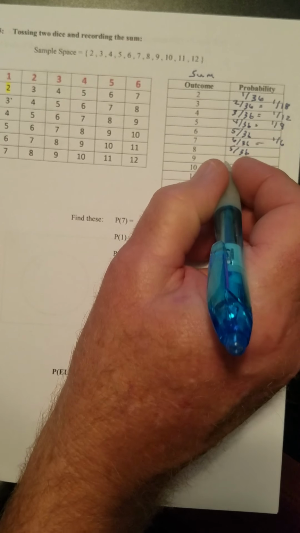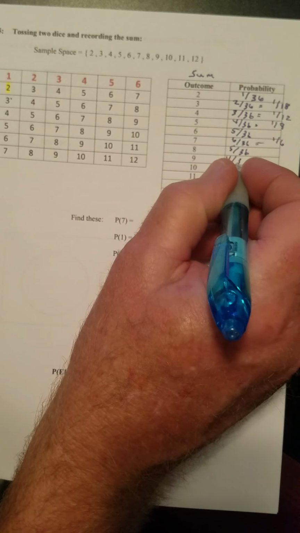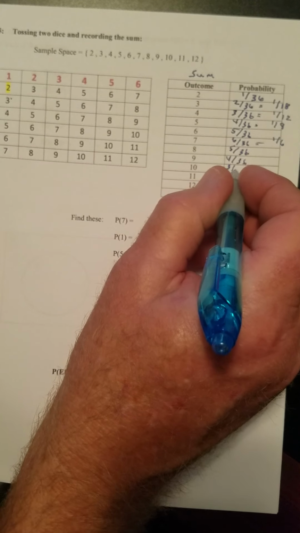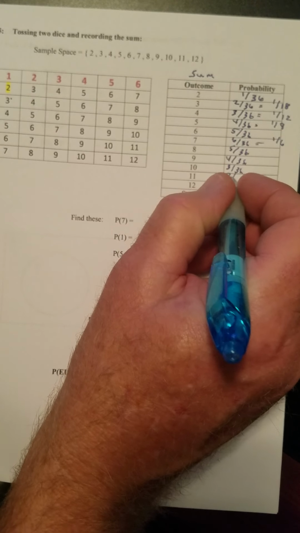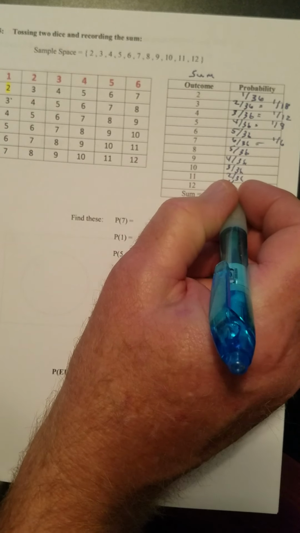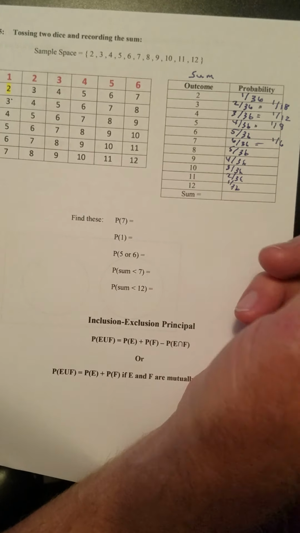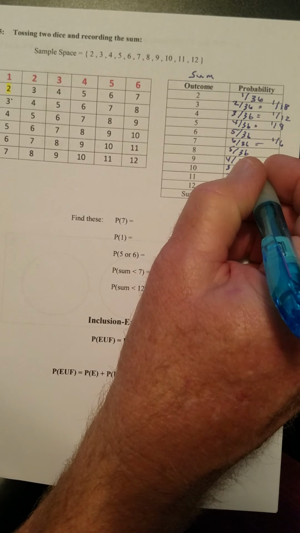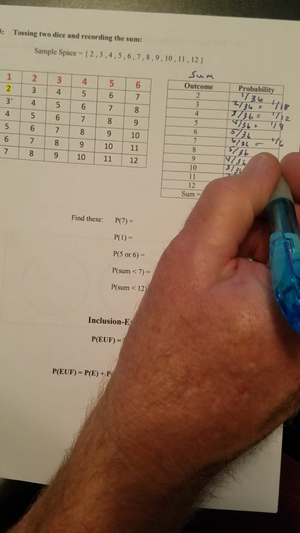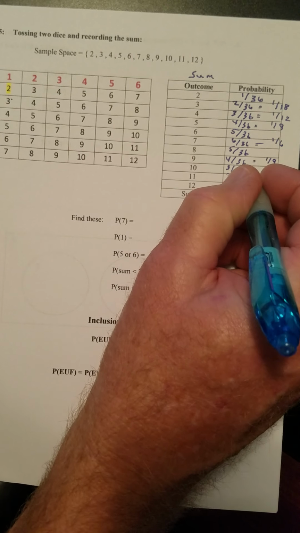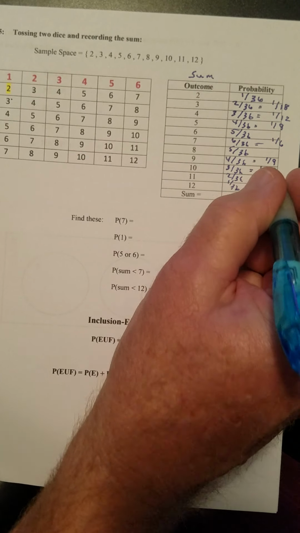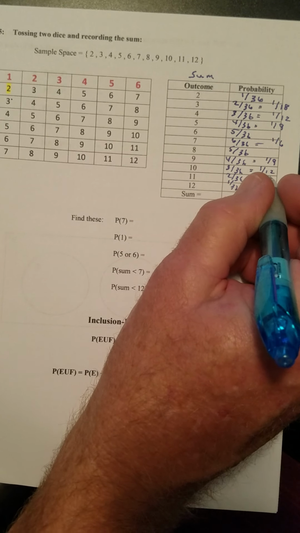Everything comes downhill again. 5, 4, 3, 2, and 1. Just filling in the numbers here.